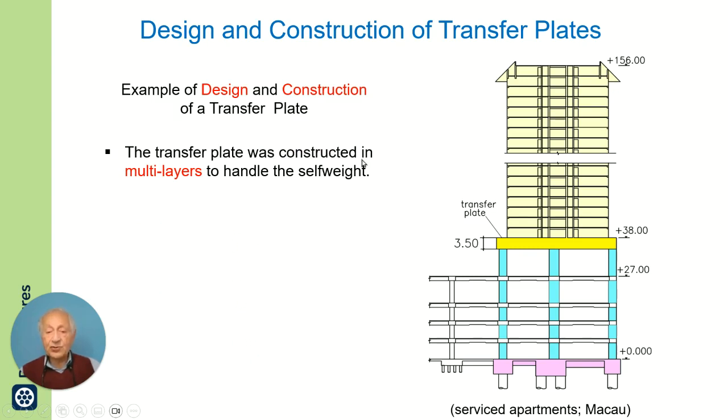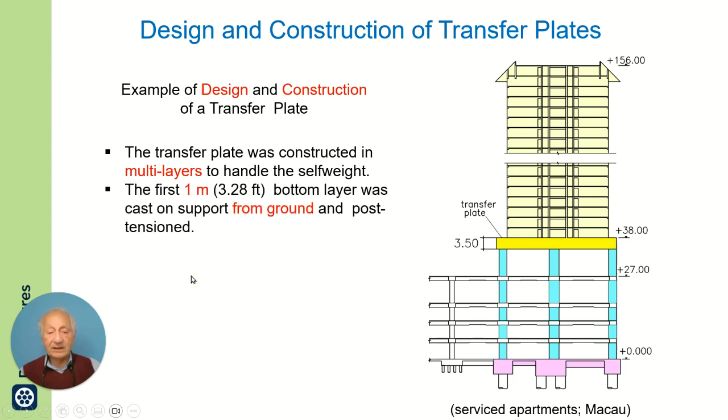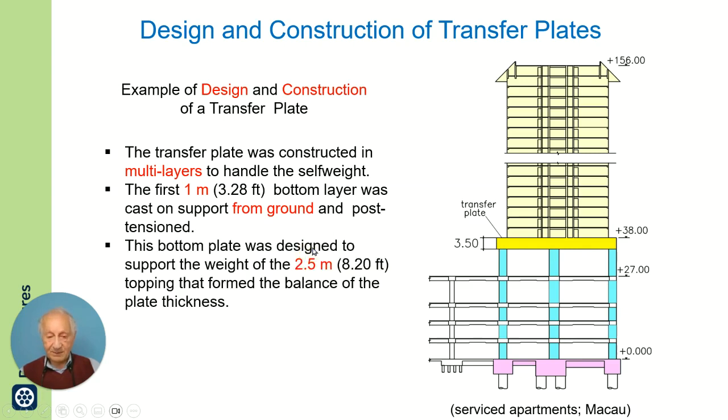The plate was constructed in multiple layers to handle its self-weight over this height. The first layer, which is 1 meter, about 3 feet, was cast on support from the ground. So the bottom layer was supported on the ground and cast.